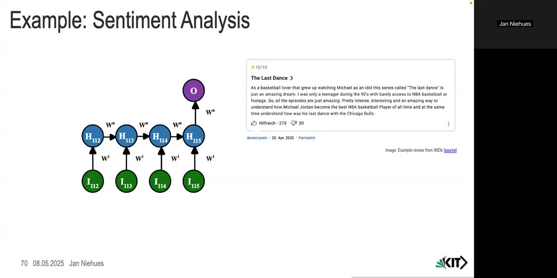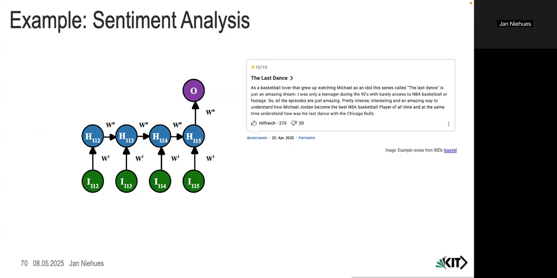In general, a sequence classification task you can model this way: you have an RNN layer, and then your aggregation layer, which we called it before, is mainly that you just take the last one. Because in an RNN you accumulate all the information, and in your last hidden state you have information about everything. Based on that, you can then learn the output, whether it's a positive or negative review.